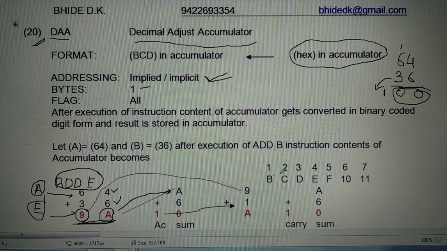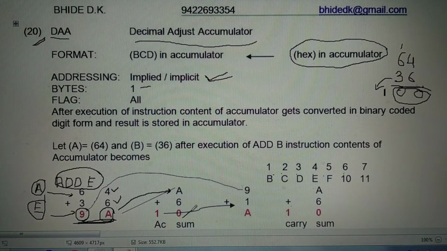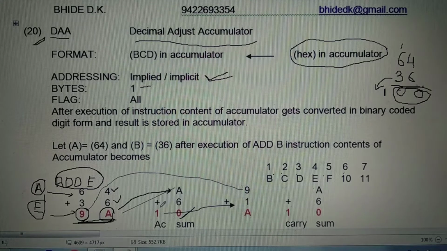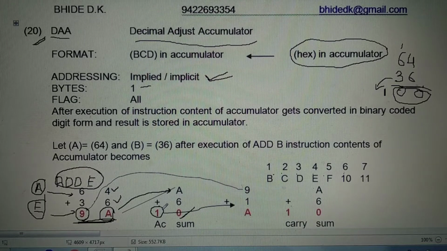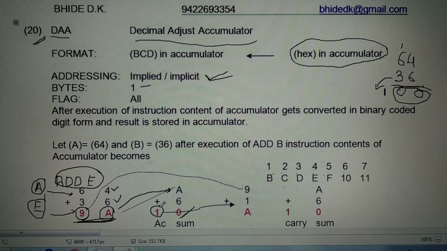After A you have to advance 6 places: 1, 2, 3, 4, 5, 6. Here you will get sum equal to 0 and carry equal to 1. If carry is generated from the least significant nibble, then this carry is to be added to the most significant nibble.